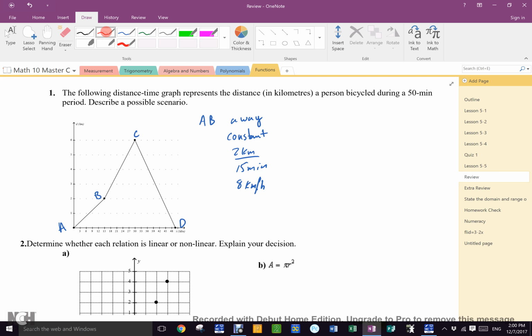Okay. Just wait. B to C, he's still going away. He's still going constantly. But he has now gone from 2 to 6, which is 4 km in 15 minutes, which is doubled now to 16 kmh.